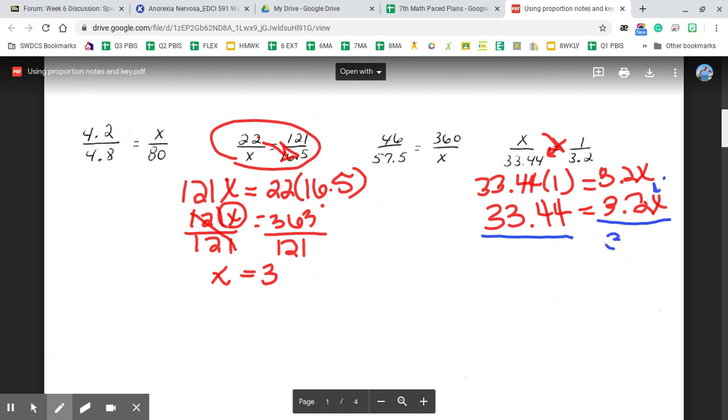So that's 3.2, excuse me. And divide this side by 3.2. When we do that, we get 33.44 divided by 3.2, which is 10.45. So x is going to equal 10.45, which means if we plugged it back in here, then these would be proportional.